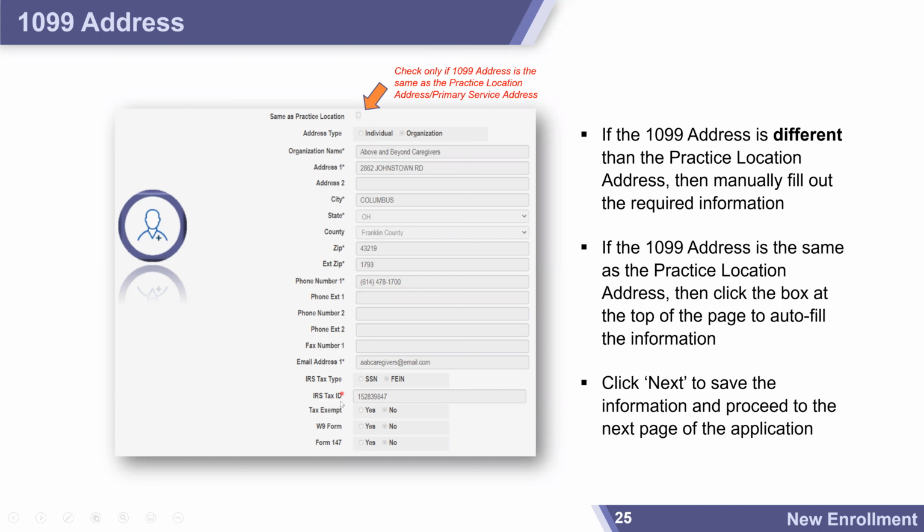And you would still need to complete the IRS and the tax questions towards the bottom. But as far as the address is concerned, it'll actually pull all of that over if you click the box. Of course, if you can't click the box because the addresses don't match, you just simply have to type the information in.